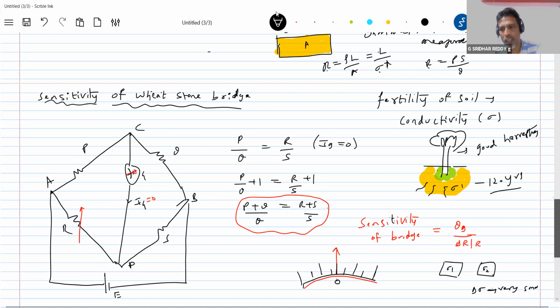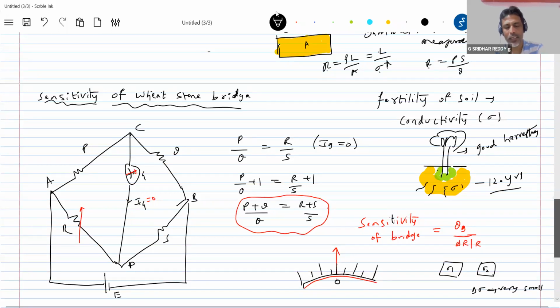When can I see the difference between them? The difference in conductivity I can measure easily only when the bridge is sensitive. So I may get two types of soils where the difference in conductivity is very small, and I should be able to notice that difference also.